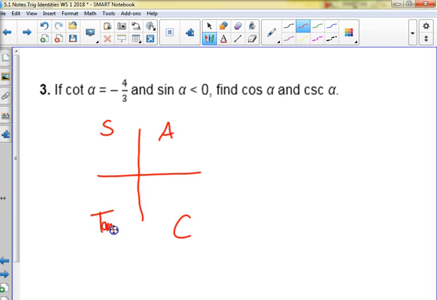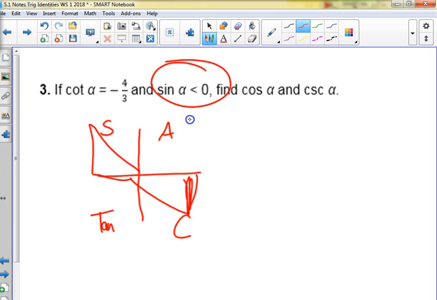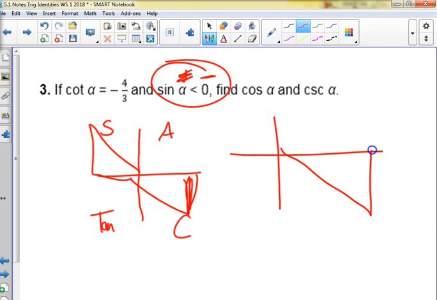So where's tangent negative? Here or here, yes? Okay, so cotangent is in one of those quadrants. This says the sine is what? The people who write this on their paper, right above it, they'll write, okay, this is less than 0. That means negative, okay? Sine is negative. Now what quadrant am I in? 4. Okay, so I know I'm in quadrant 4 after all that.